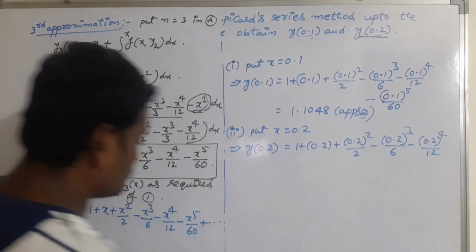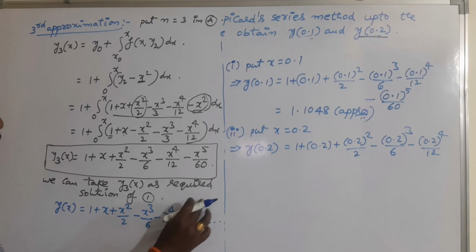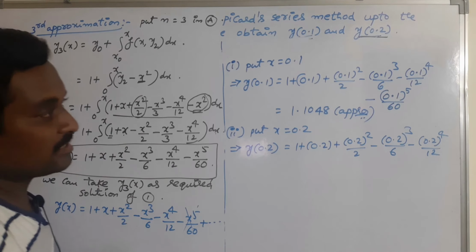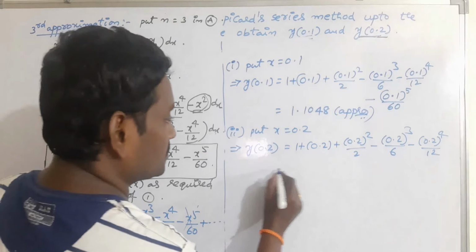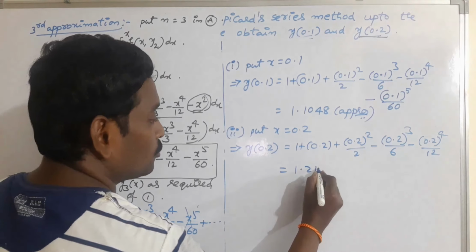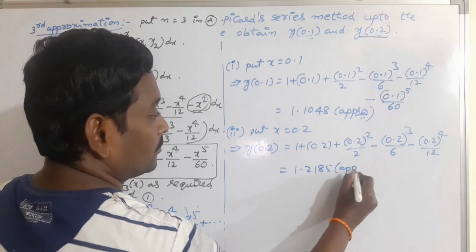It is not necessary to write this term in here because 0.2 whole power 5 by 60 is almost 0. It does not disturb the answer. The answer may be 1.2185. You can check it.